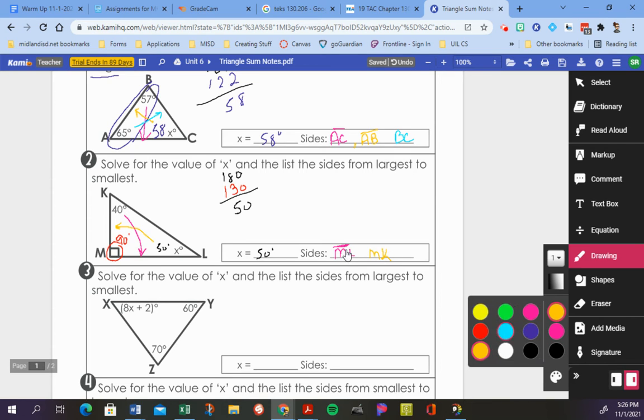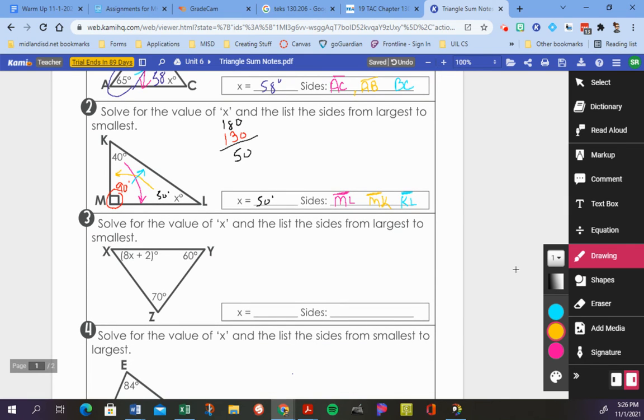And finally, the last one is 90 degrees, and the side opposite it is the hypotenuse, KL. Oops, I forgot my marking on MK. All right.